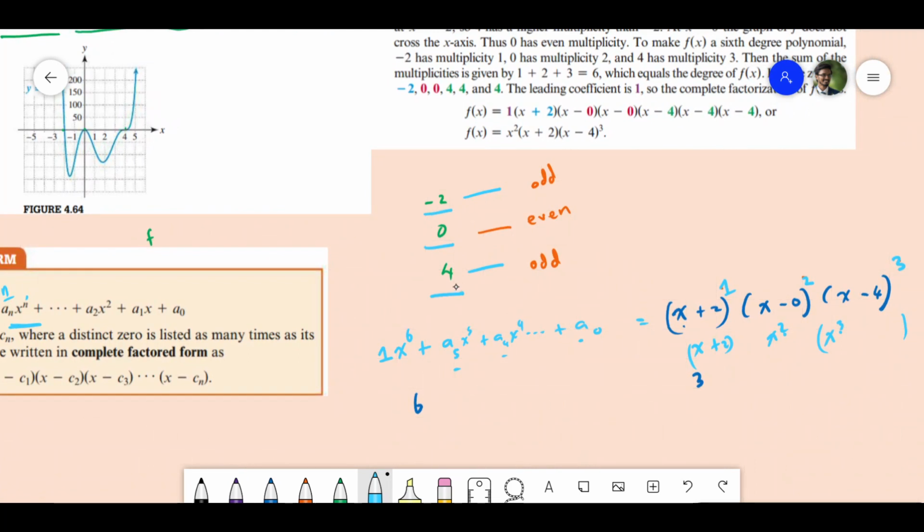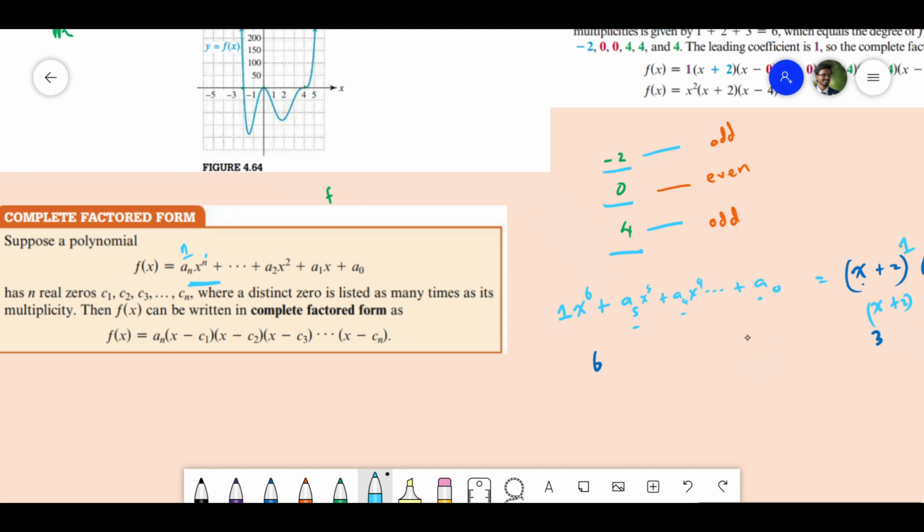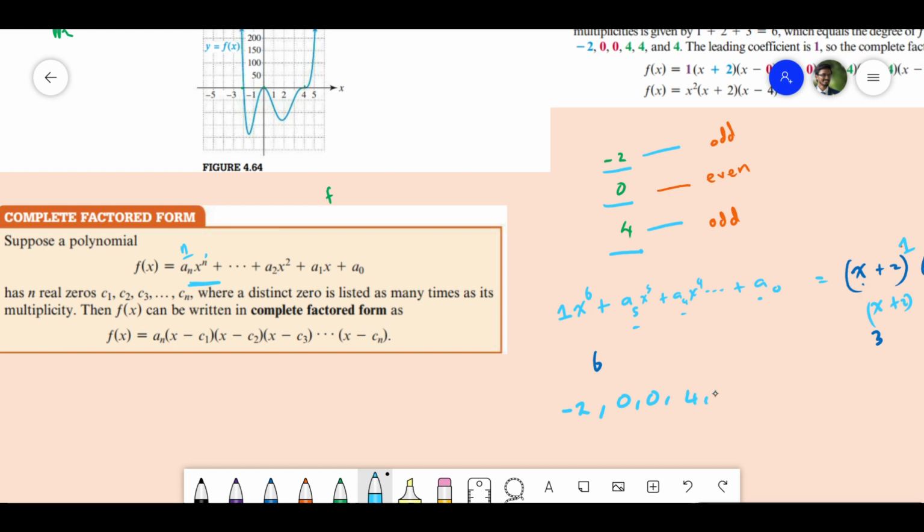If you list them in this format, what you have is -2, 0, 0, 4, 4, 4. So altogether you have 6 terms.